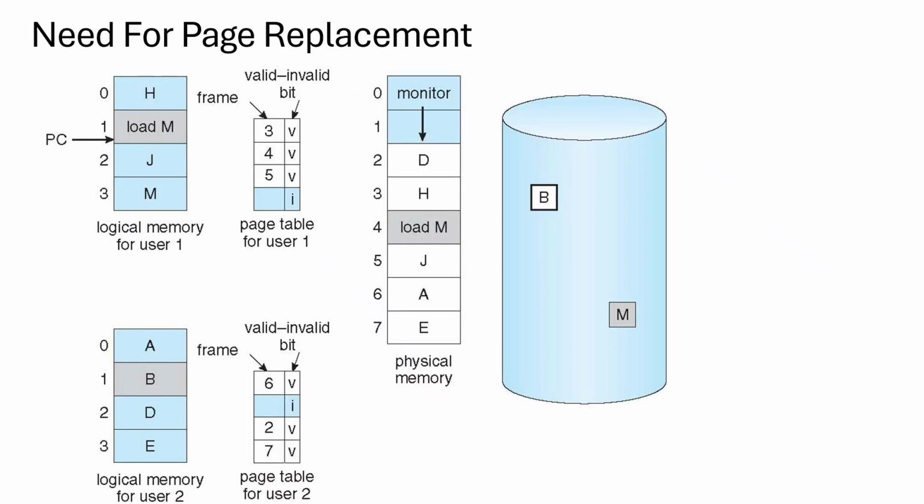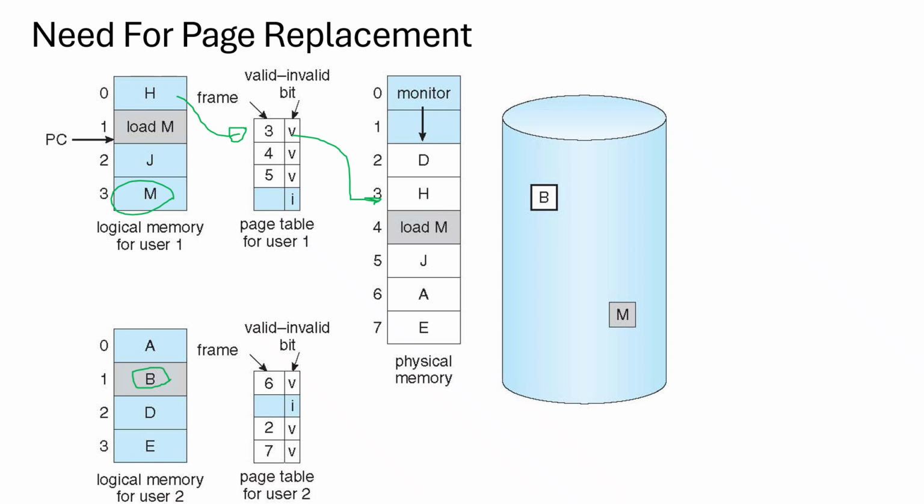Here, the need for page replacement. Here we have frames 3, 4, 5 available in the page table for user 2. Pages B and M are both available on the secondary disk. For page 0, it is in frame 3, so go to 3 and check; yes, H is loaded.